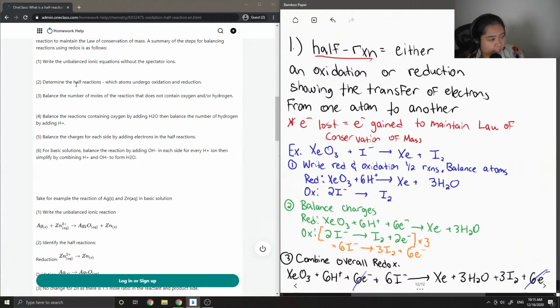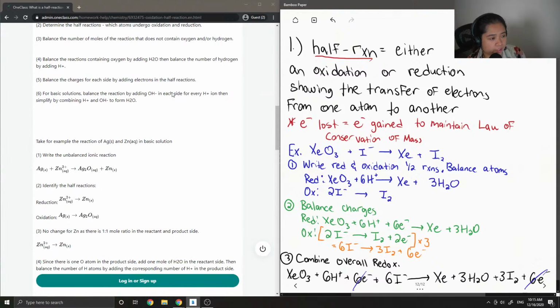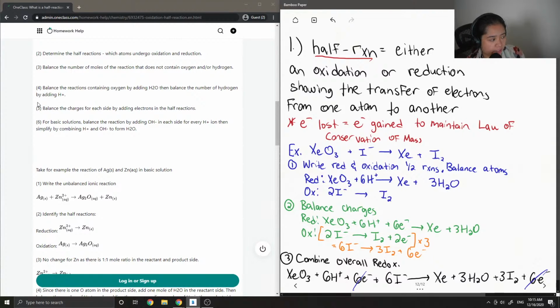Determine the half reactions, which atoms undergo oxidation and reduction. Step 3. Write the number of moles of the reaction that does not contain oxygen and or hydrogen, or balance the reactions containing oxygen by adding H2O. Then balance the number of hydrogen by adding H+.